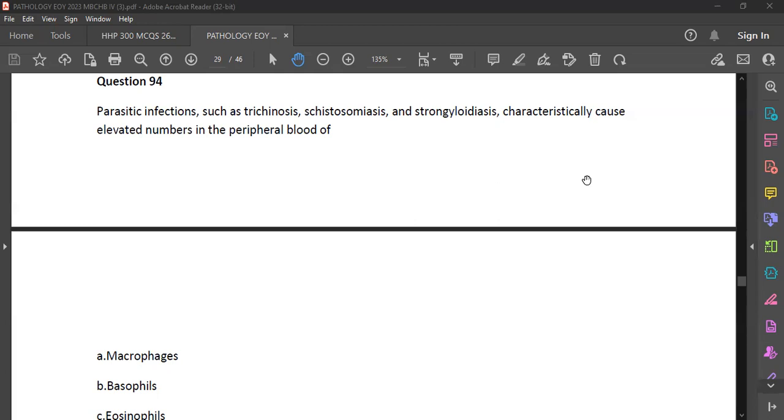Remember when I was explaining that eosinophils are not good phagocytic cells, that their main two functions are going to be in allergic reactions, which another question actually asked about, and number two is this one, which are helminths. So eosinophils are a key component in helminthic infections as well as in allergic reactions. That's when you're going to be presenting with an eosinophilia.